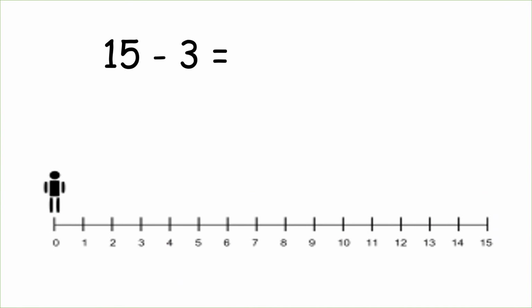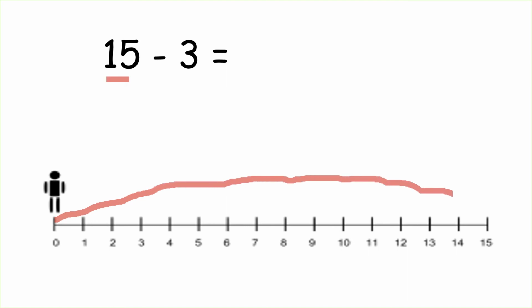We are going to do one more example and then you will have to do some for yourself. So this says 15 take away 3. So we look at the first number, 15. We start at 0 and we jump straight to 15. So this is an even longer jump than before. 15.